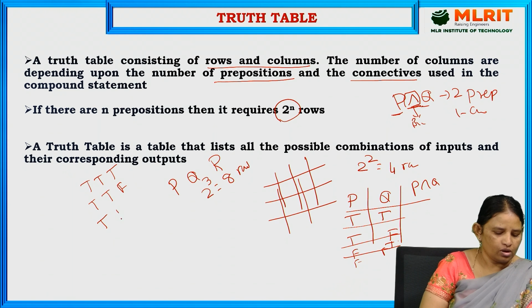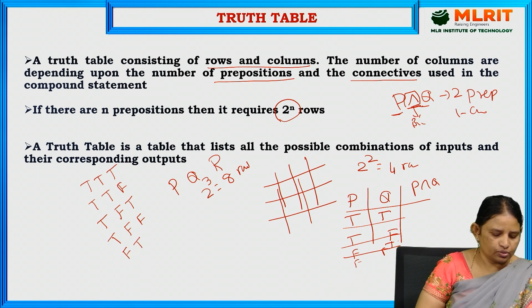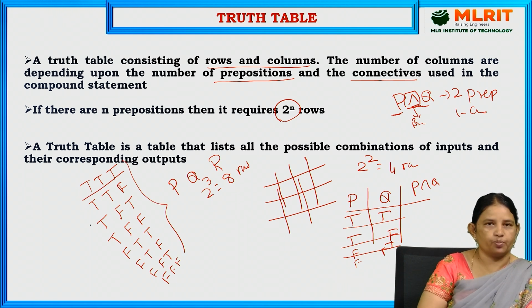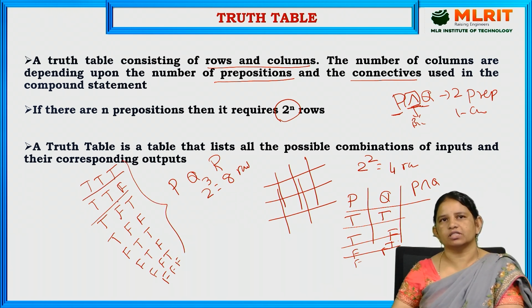Then true, false, true. Then true, false, false. Then false, true, true. Then false, true, false. False, false, true. False, false, false. We take 8 combinations, so 8 rows are present in the truth table.